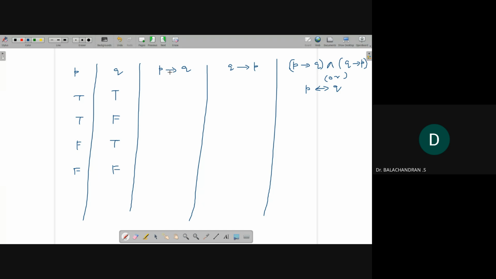P implies Q means it is false only if true implies false. In the remaining other cases, it is true. Q implies P means whenever this is true and this is false, it is false. In all other cases, it is true. Now I'll put a line like this.